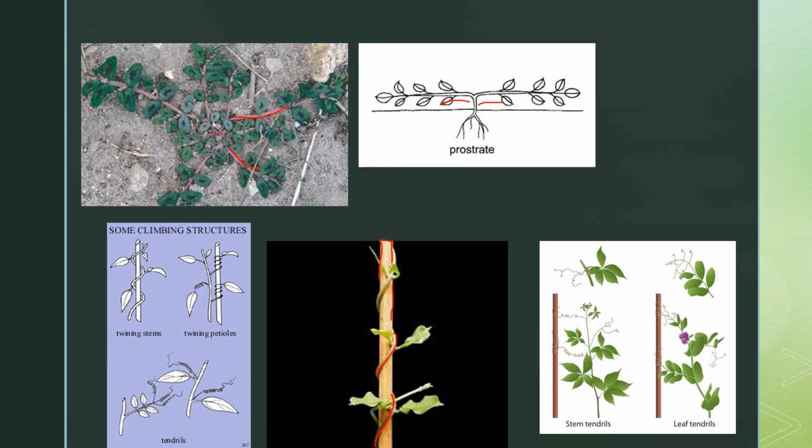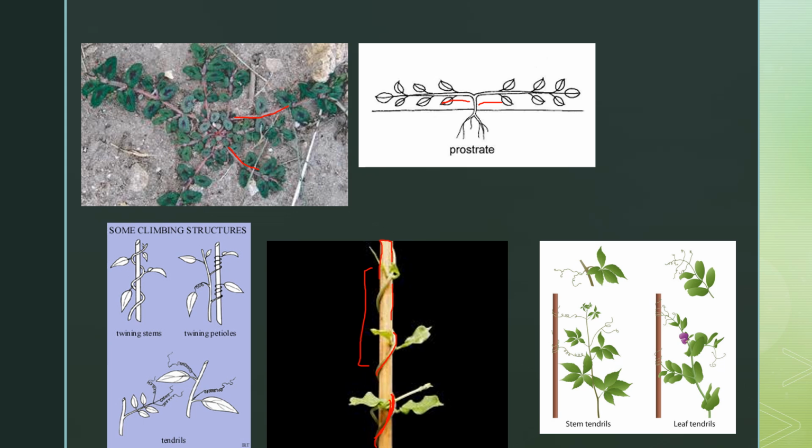If it twines by itself, by the stem, it's called a twining stem, like this situation in the picture. And if it needs stem tendrils, and the leaf modification, like the leaf tendrils and leaf hooks, to help the plant to climb, it's called a climbing stem.